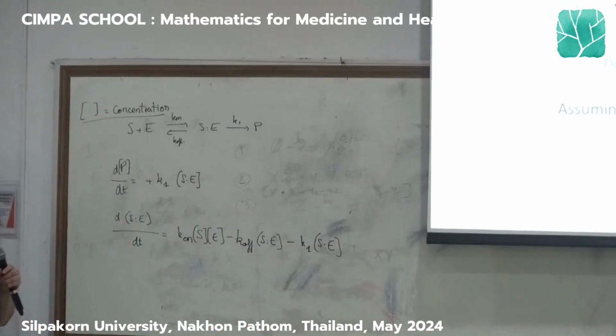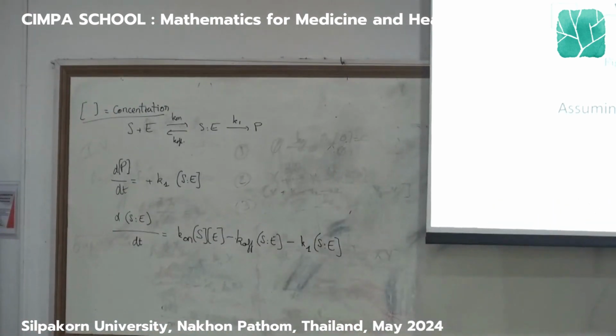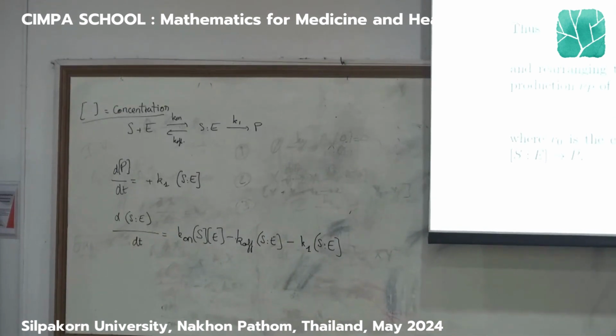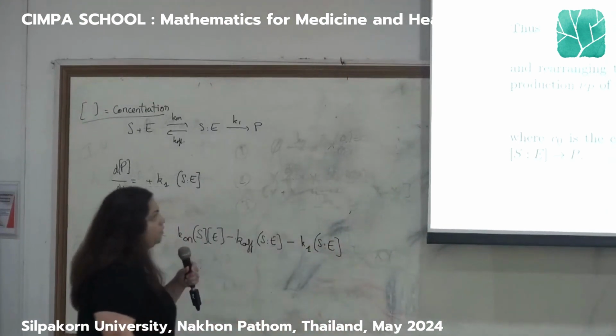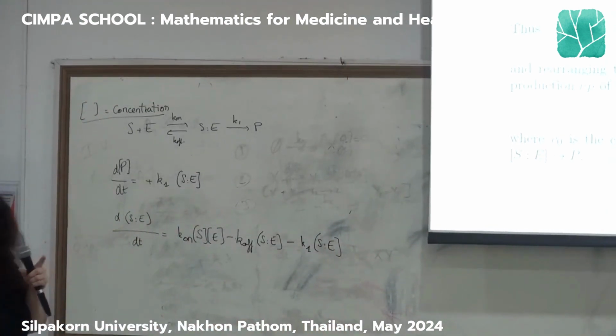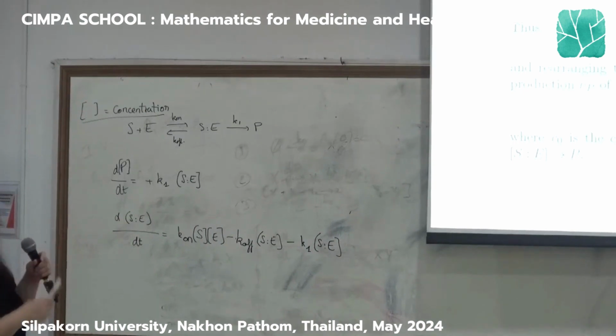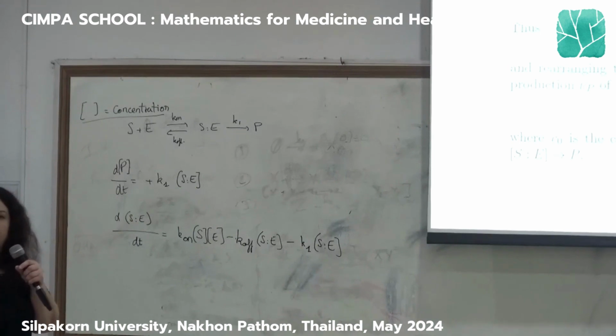and now here comes the trick, and I'm going to go to the next slide. There are two things. The first thing is that we are going to assume that there is a constant total amount of E plus SE, because we know that the enzyme at the end is not consumed.